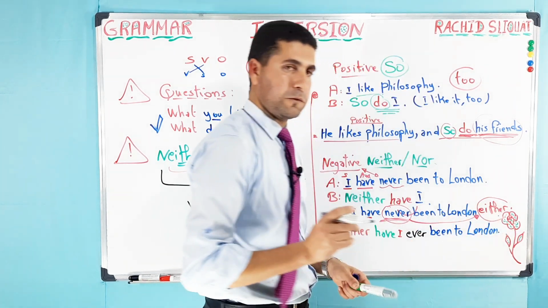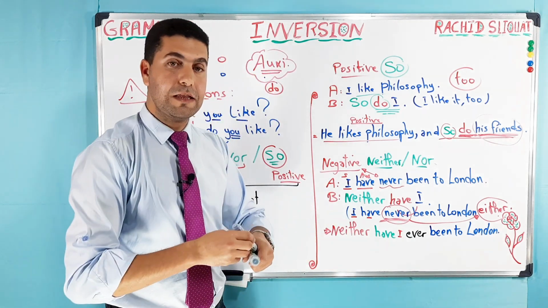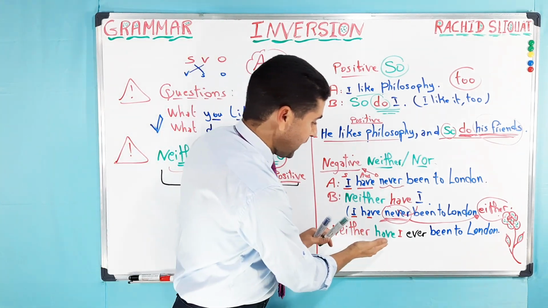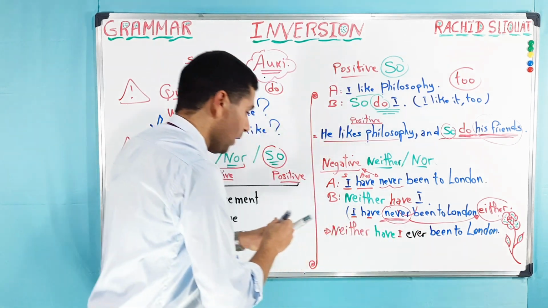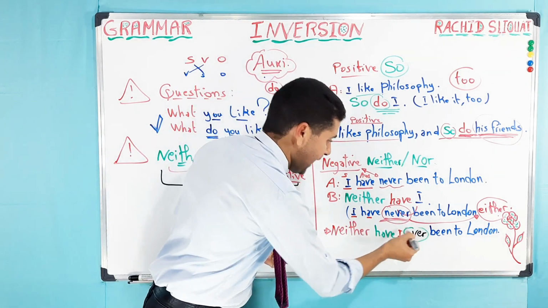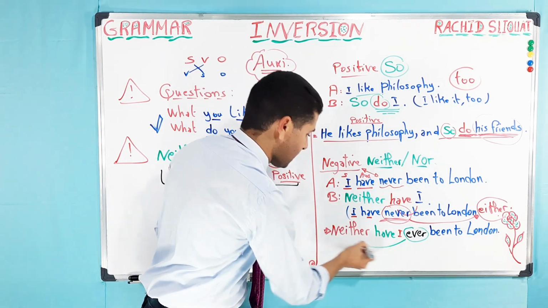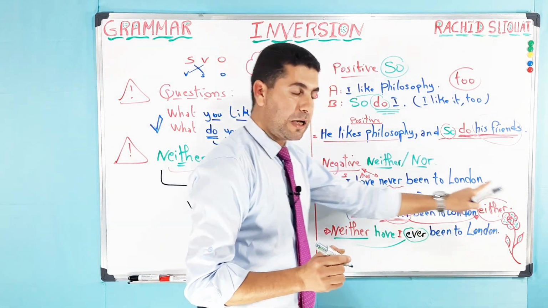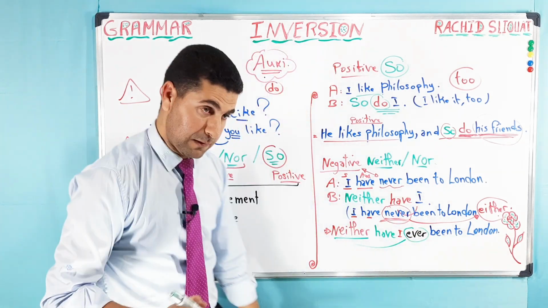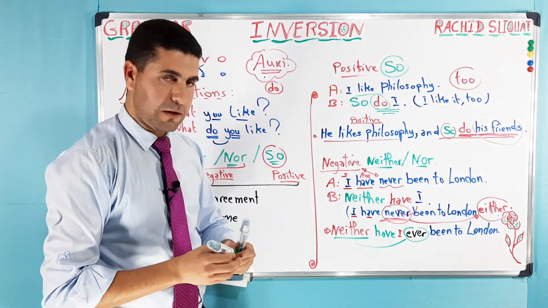Okay, to London, full stop. So here, as you can see, we have inversion of have and I, and we used the positive adverb. Why? Because we have the neither. We start with neither. But as you can see, either is always with negative sense. This is very essential to remember.